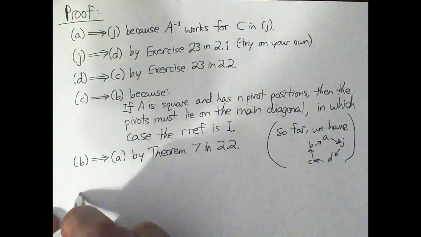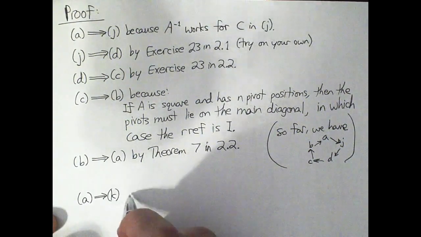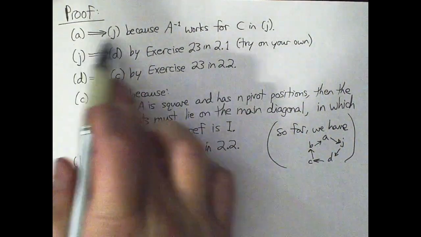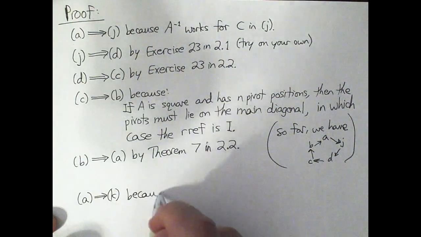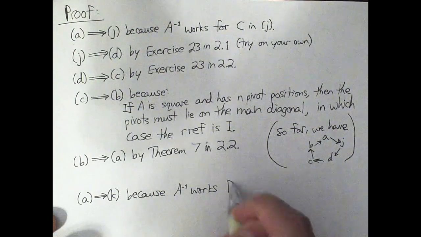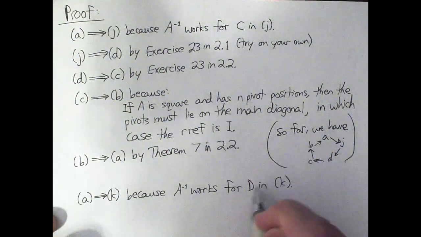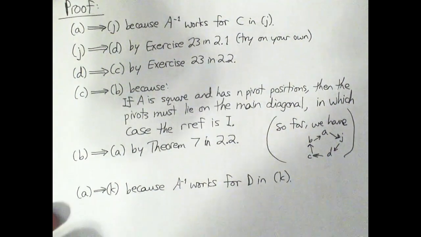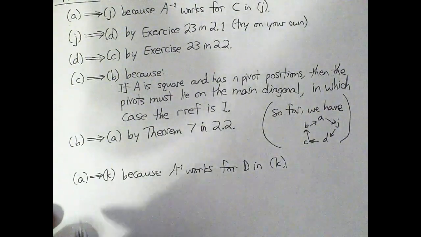I'm going to say let's work on A implies K. This is similar to the A implies J. A implies K because A inverse works for D in K. And that kind of comes from the definition of inverse. So I feel like there's not much more to say about that. You could say by the definition of inverse matrix.